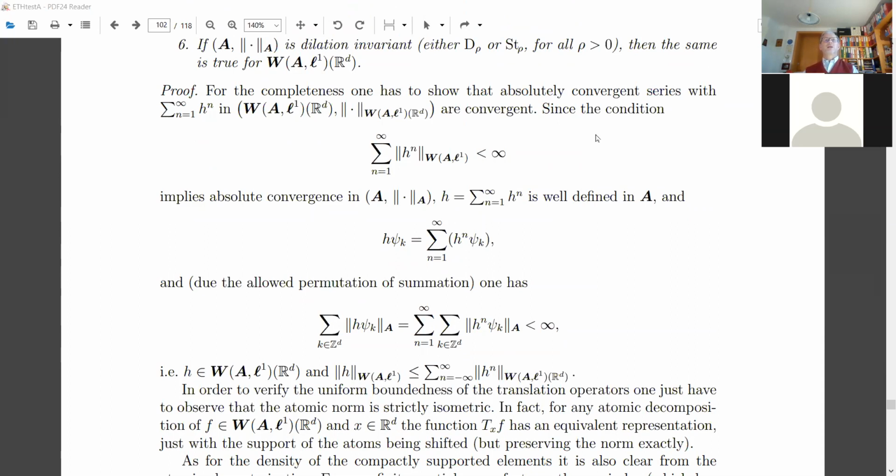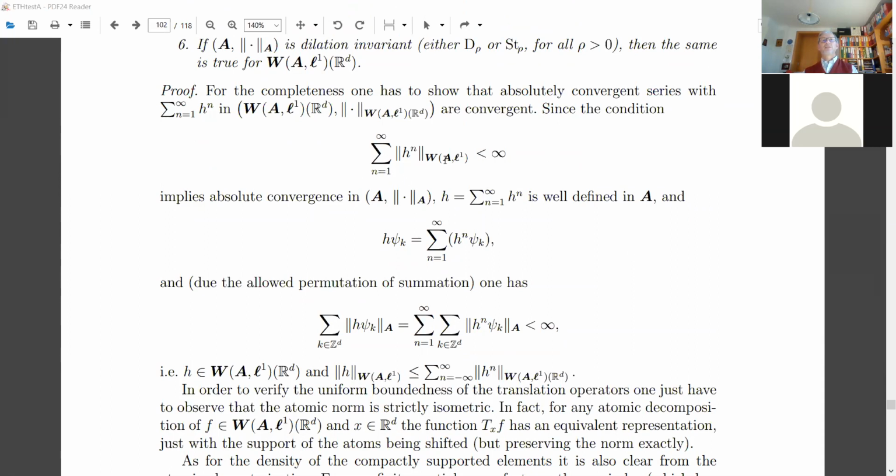Okay, so how can you prove completeness? Now, an important observation, or practical experience, is that if you want to know completeness, you only have to show that absolutely convergent sums are convergent. And I think I have actually done this part already.